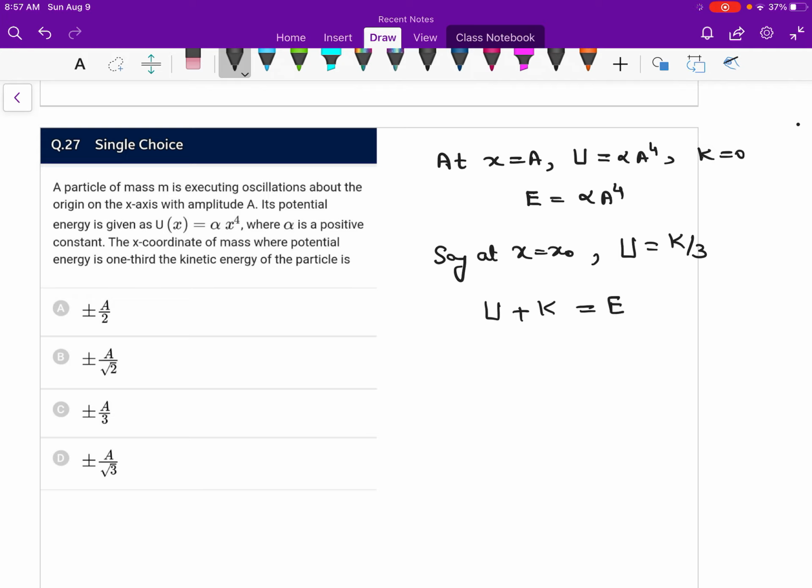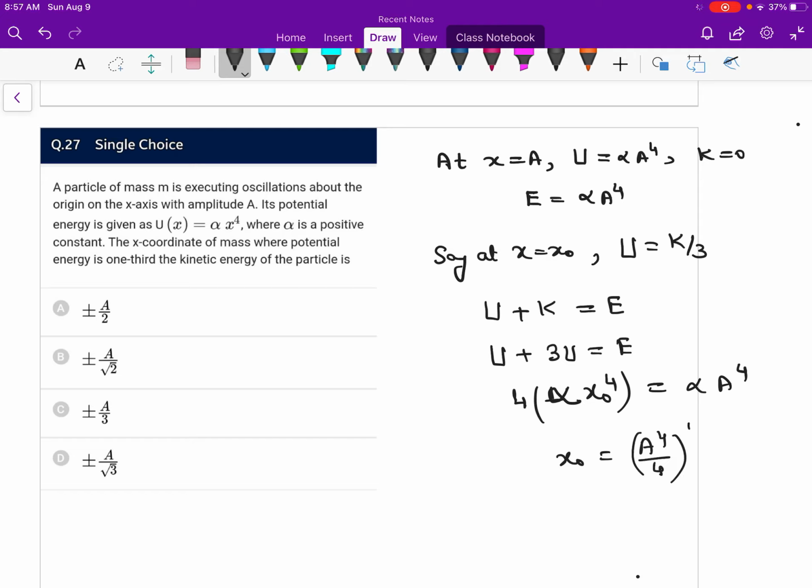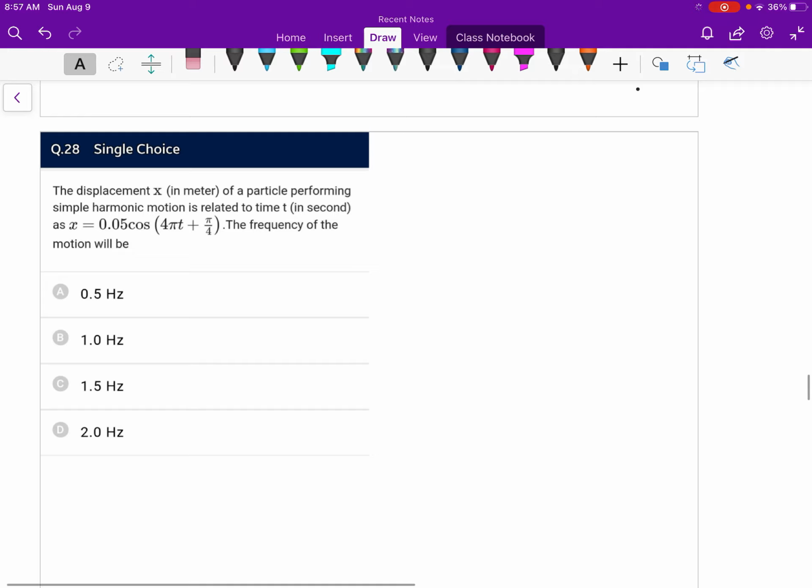So U plus K is E and U is K by 3. So U plus 3U equals E, that is 4 times alpha x naught to the power 4 is alpha a to the power 4. So x naught is a to the power 4 upon 4, raised to power 1 by 4, that is a by root 2, plus minus. So B is the correct option.